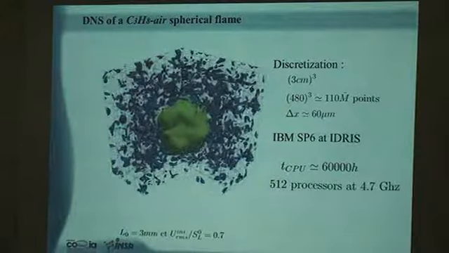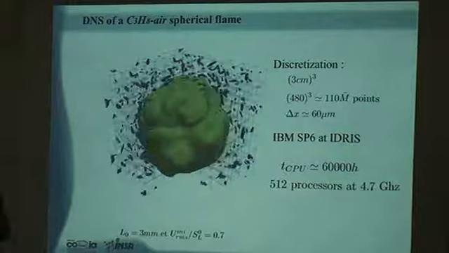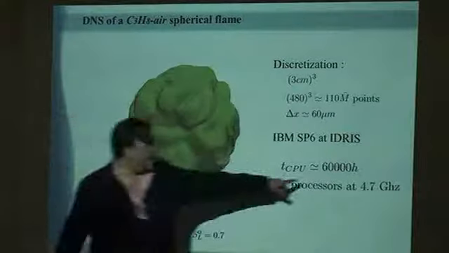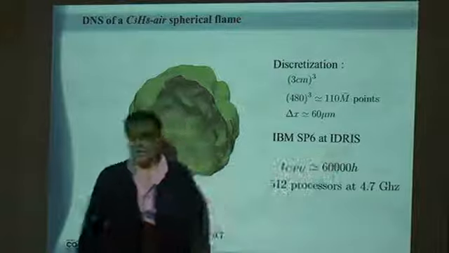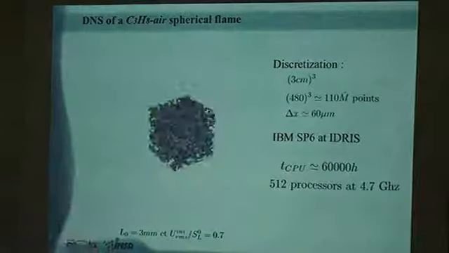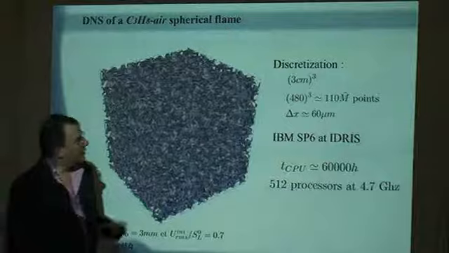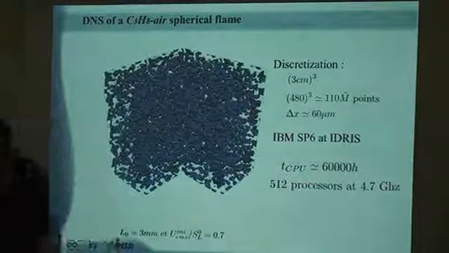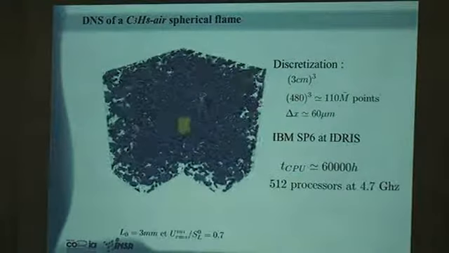This was the first attempt at the 3D calculation, and it took 60,000 hours at IDRIS, with the French research center CNRS, a huge computer. The flow is always turbulent, just from the flame and nothing else.